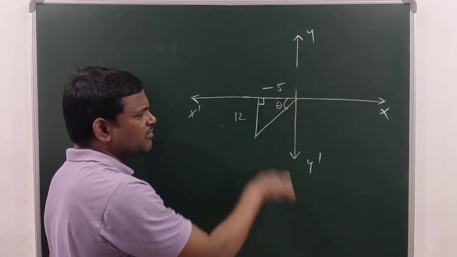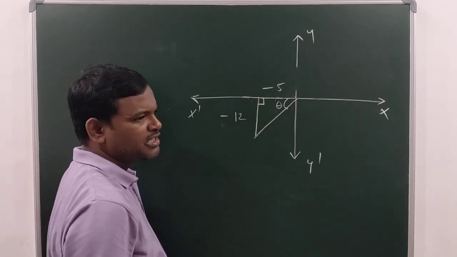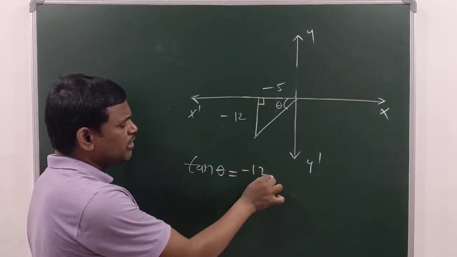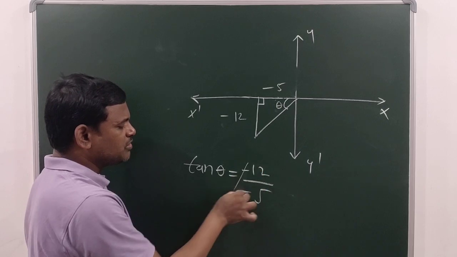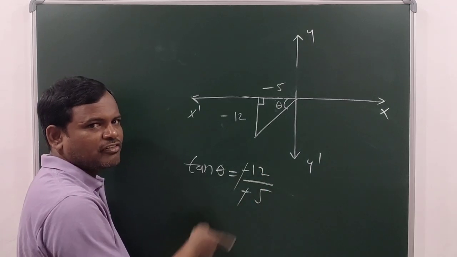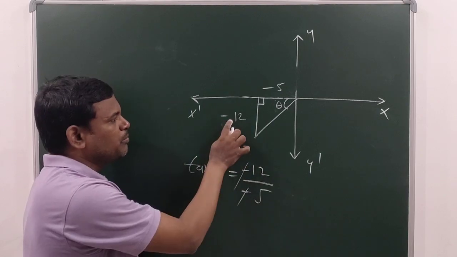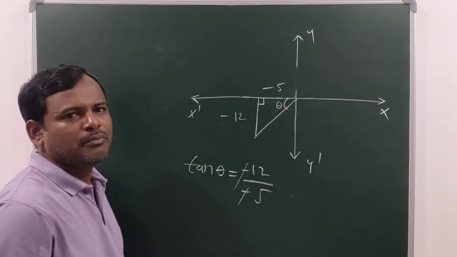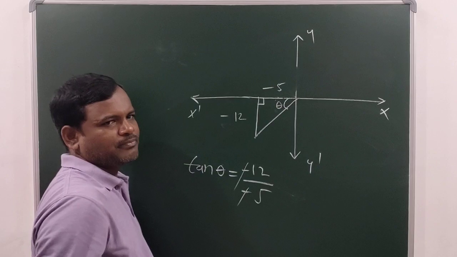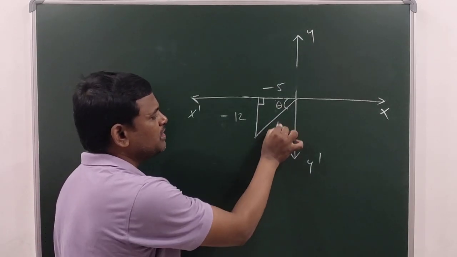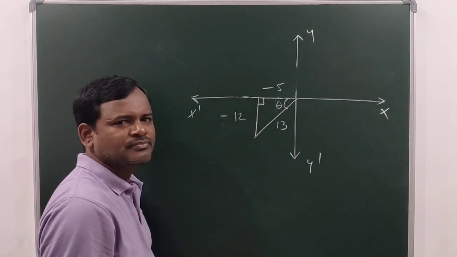Here it is along the y-axis, hence it should be written -12. In the given one, tan theta is equal to -12 by -5, because actually minus minus cancelled, 12 by 5 is given. But when you come to this diagram, you have to represent -12 by -5. Now apply the Pythagoras theorem so that you will get hypotenuse 13.